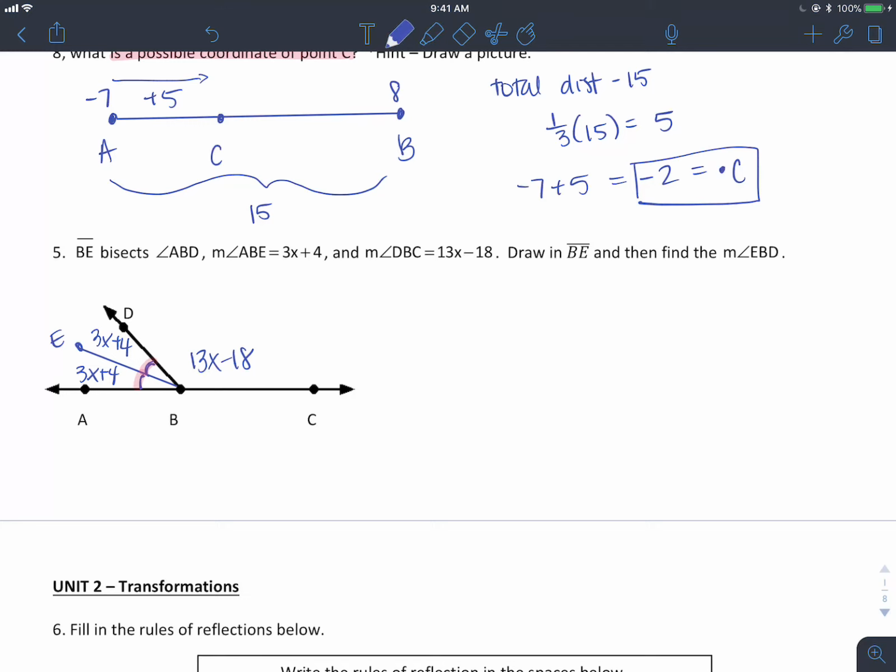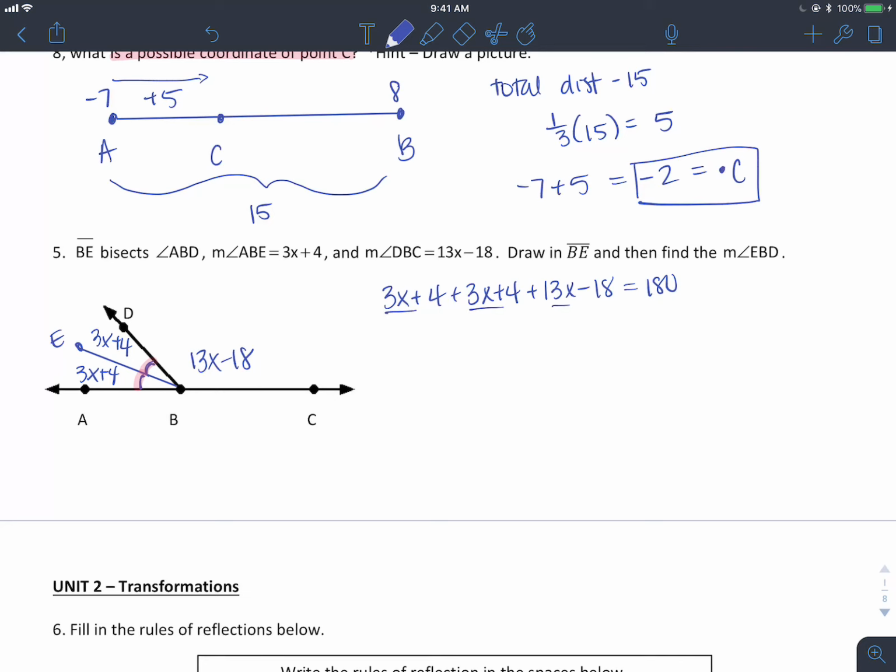So we're going to have 3x plus 4 plus 3x plus 4 plus 13x minus 18, and that is going to be equal to 180 because all three of these angles add up to 180 together since they form a straight line. So we're going to have 6x plus 8 and 13x minus 18.